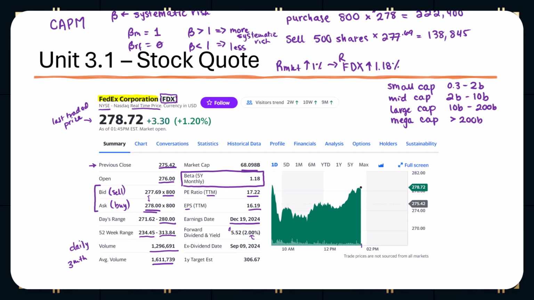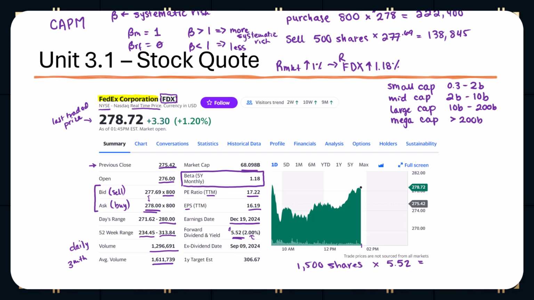But let's suppose that you owned 1,500 shares. How much would you expect to receive in dividends over the course of the next 12 months? Well, we would simply multiply that by $5.52 because that's the dollar dividend per share.